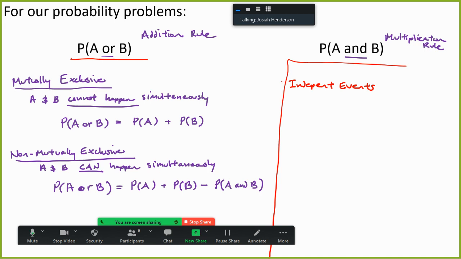Does the outcome of one event matter for the one that came prior? If they don't affect each other, I'll say A and B don't affect each other, then we simply multiply the two single probabilities together.